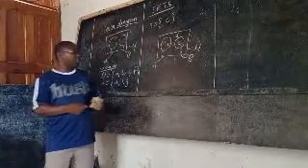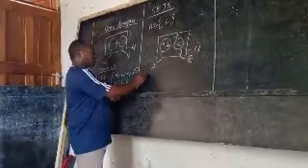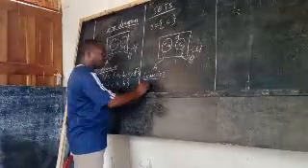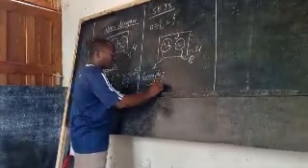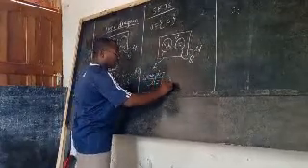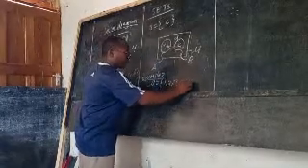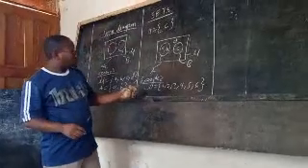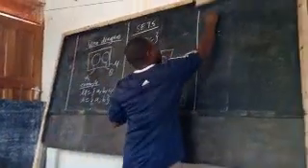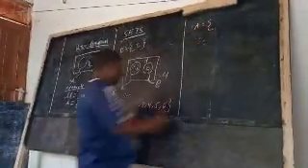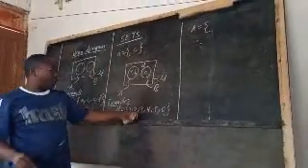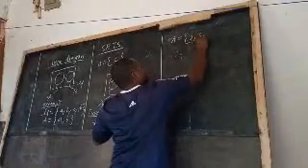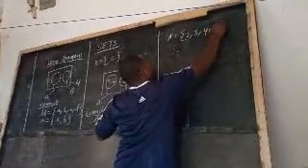And let's see an example. Maybe you are given a universal set which contains elements 1, 2, 3, 4, 5, and 6. Then you have another set, set A, which contains elements 2, 3, 4, and 5.